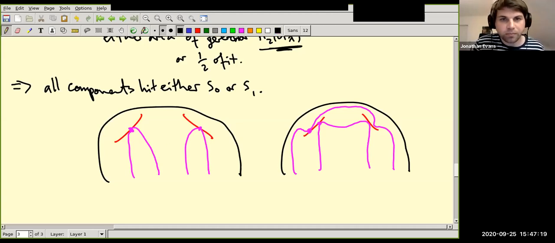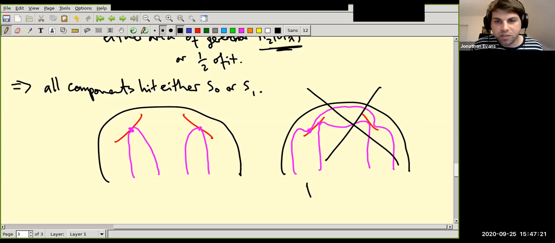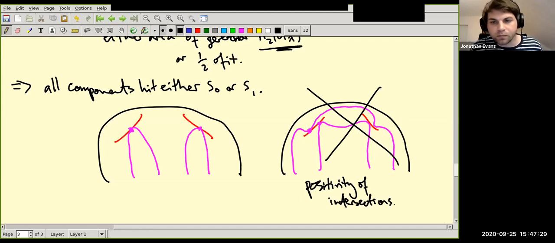This is ruled out by positivity of intersections. It also shows you these disks are simple disks. There's no multiple covers because, again, that would increase the intersection number of these disks with S0 and S1. So we're really in this situation over here.